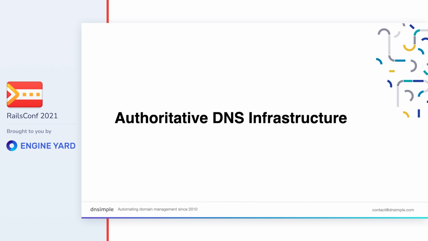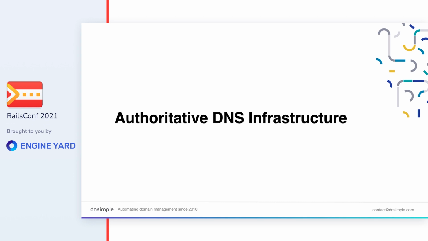This is broadcasting the same IP addresses for all of the name servers, and distributing more of those servers across the world. So we moved from virtual private servers to bare metal servers, and then we distributed those bare metal servers at the time across 5 different locations around the world.